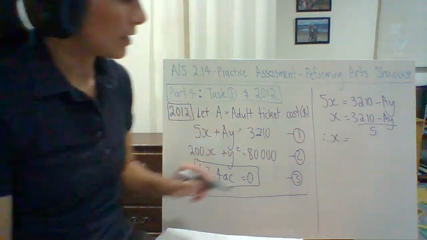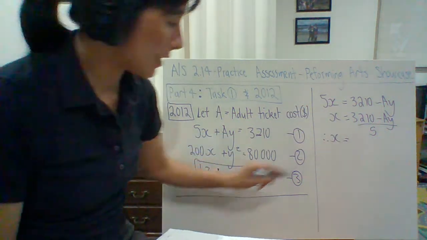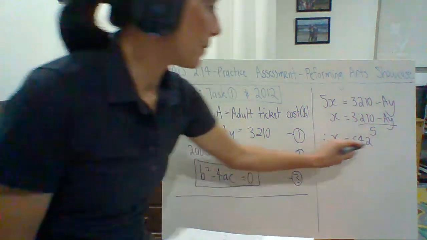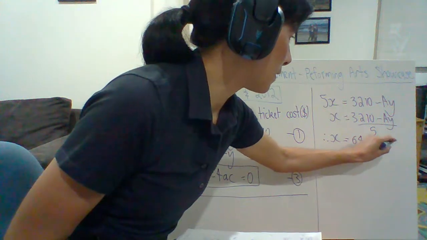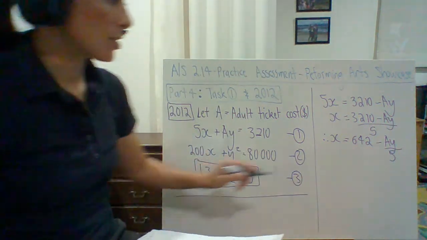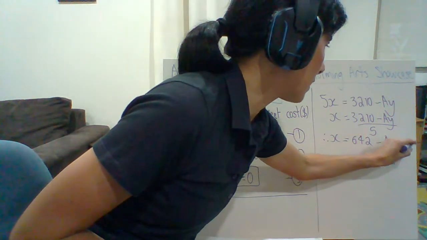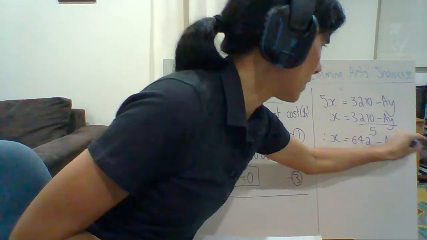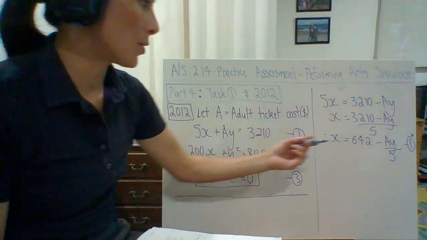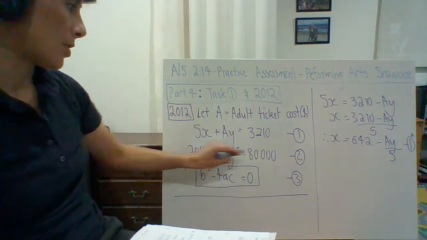When we do that, 3,210 divided by 5 is 642, and then we'll have negative Ay over 5. That's our equation, which we'll call equation 1 star. And like we've done with the others, we'll substitute equation 1 star into equation 2.